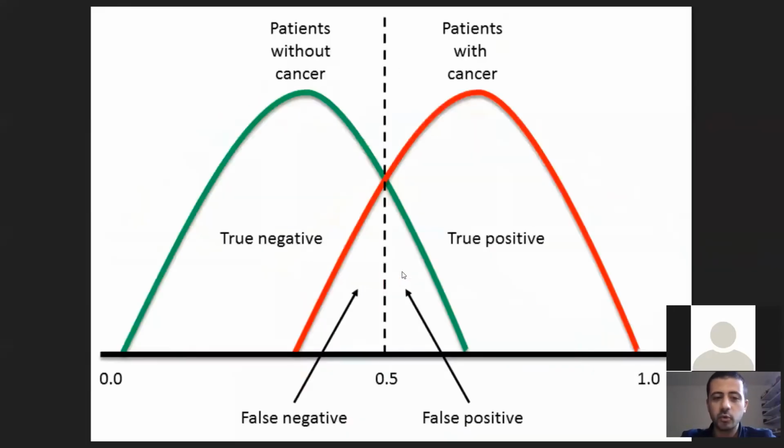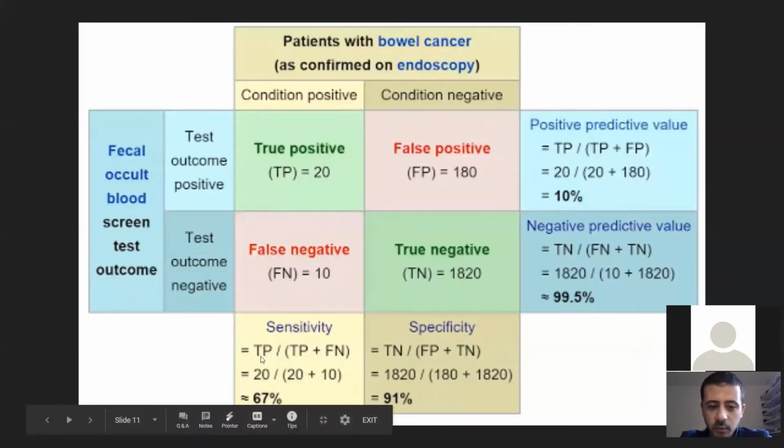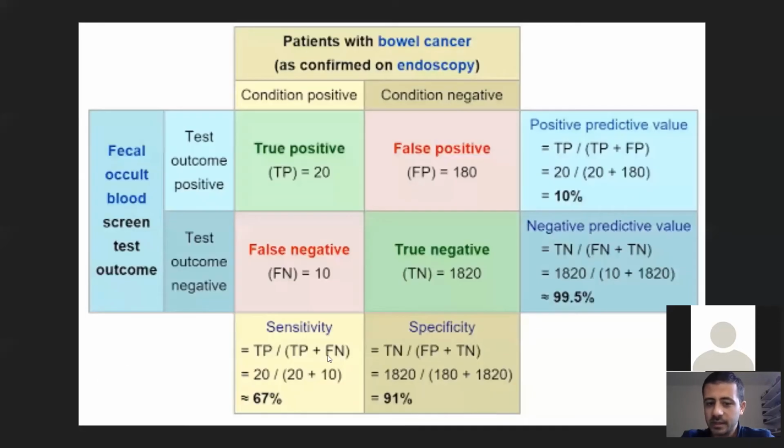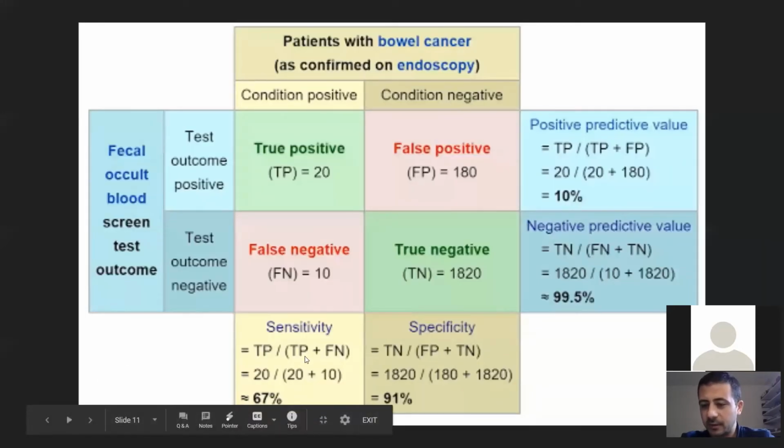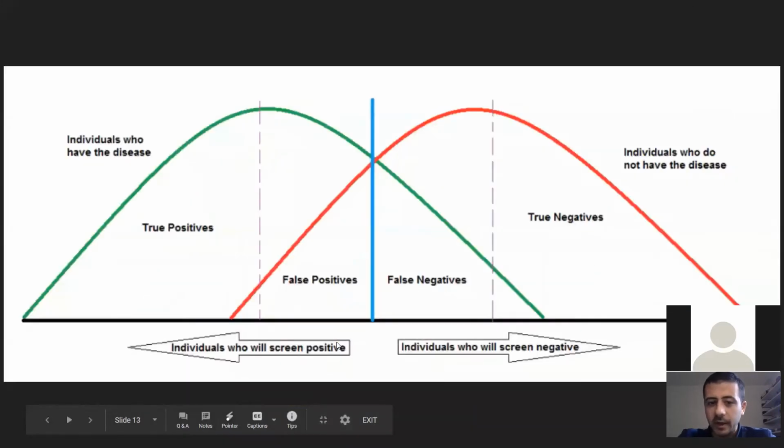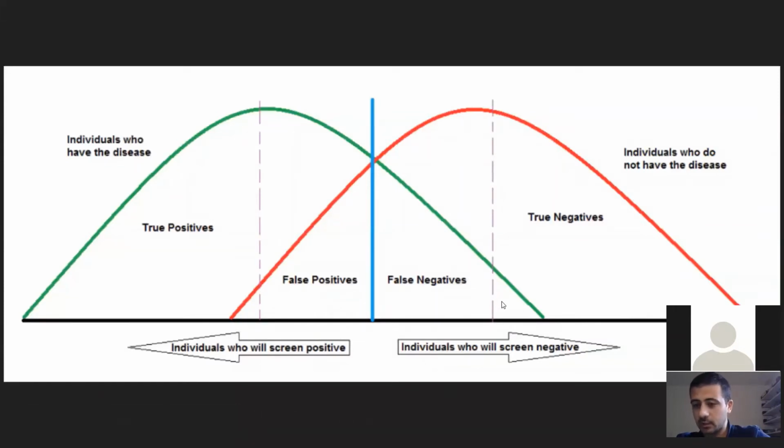And why do they truly affect? Because I have true positive here and true positive here. I'm just playing with the false negative. So increasing true positive doesn't mean anything to sensitivity. What means is the false negative. So when I'm taking this line here, I'm reducing false negative, so I'm increasing sensitivity.